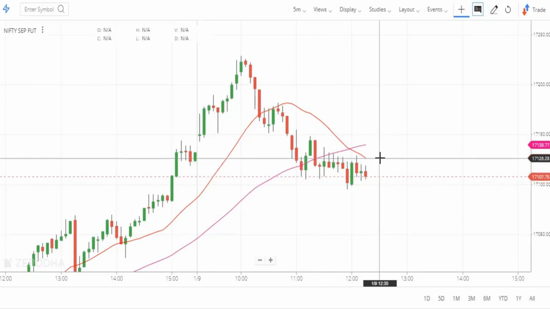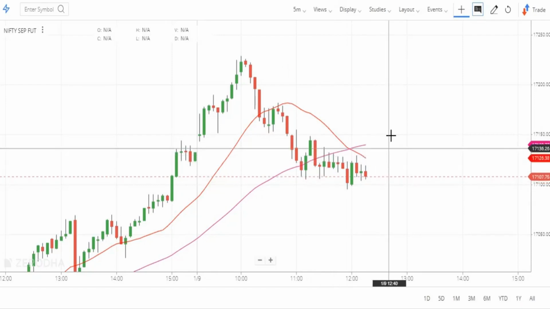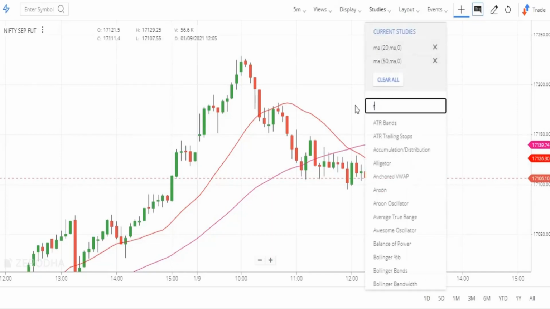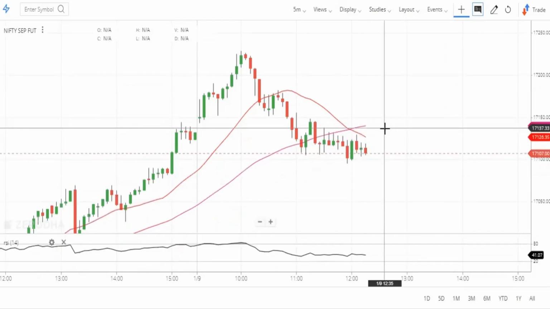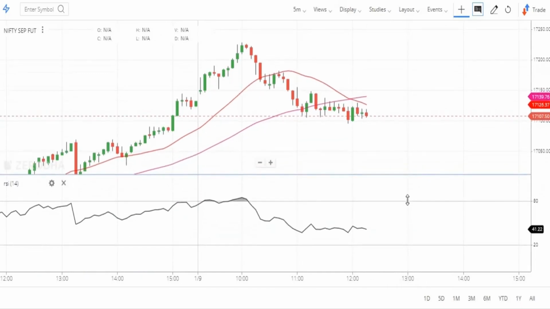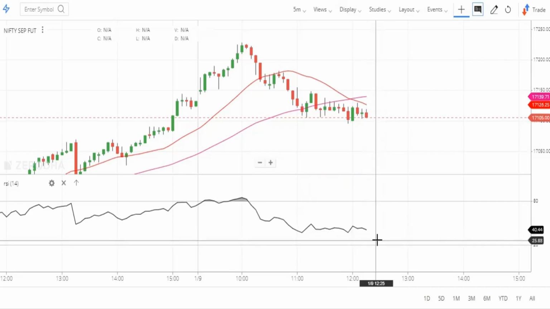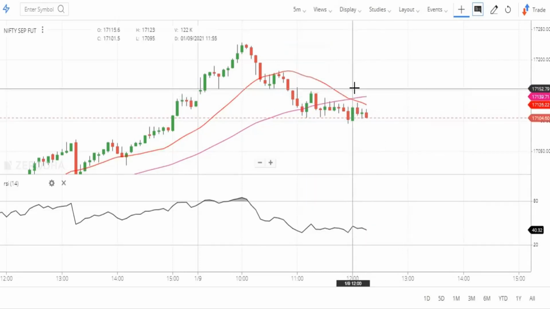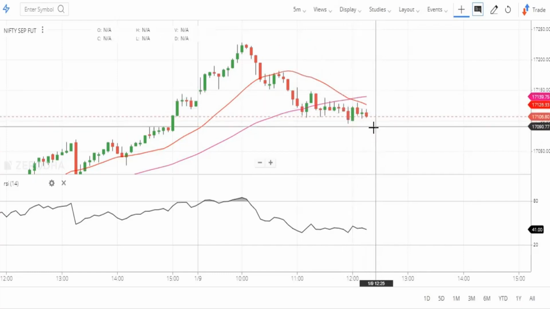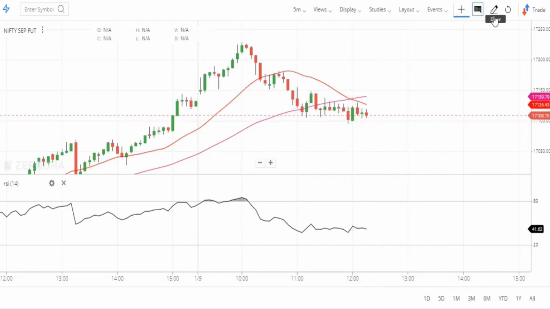Now to understand it better, can we combine multiple things together? Let's add one more indicator that we learned just a few minutes ago, RSI. As you can see, RSI is going to drop below 40. The moving average is telling us that the situation the market is in right now is slightly negative.